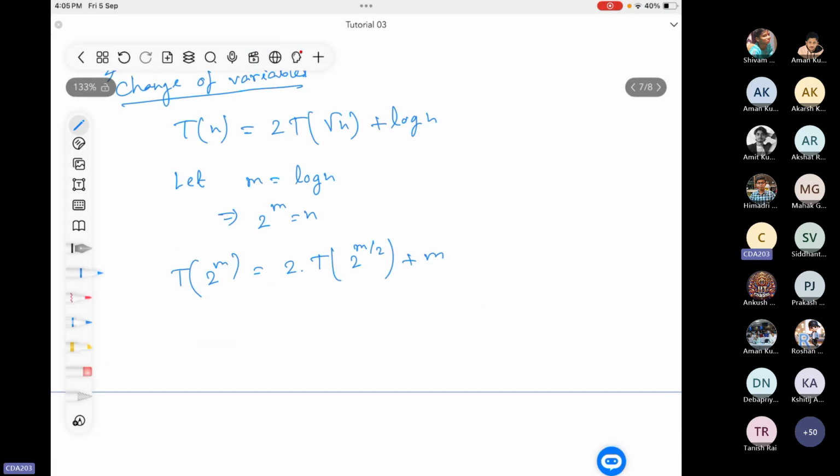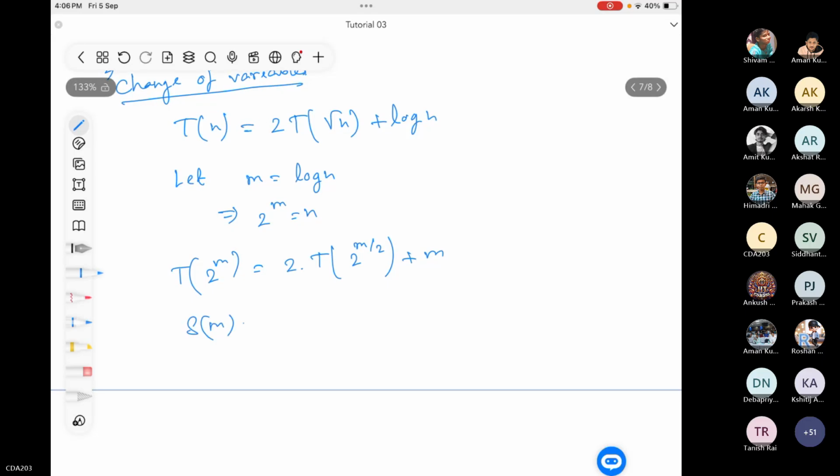So this term is T of 2 to the power m, and T of 2 to the power m by 2. Can I write this in this way, where S is another function?